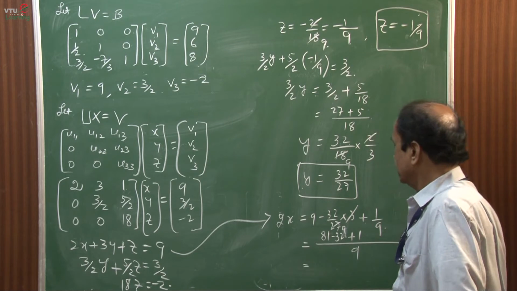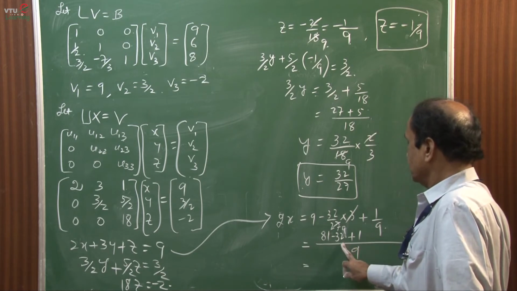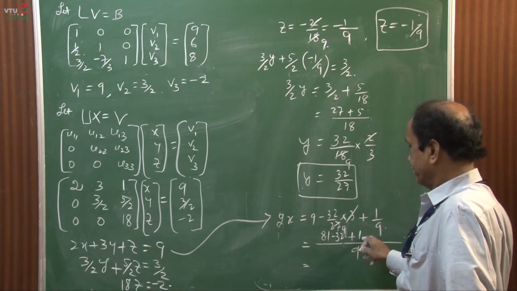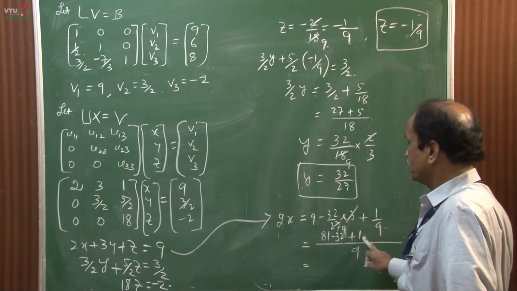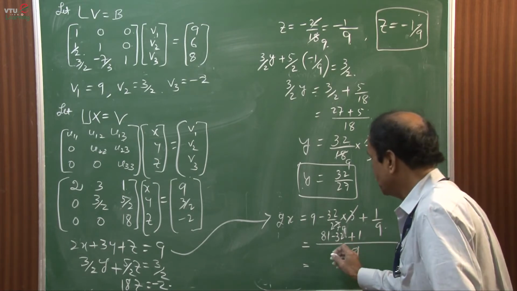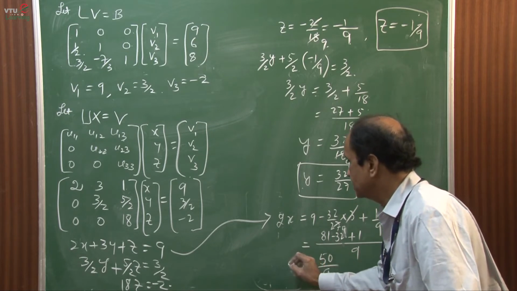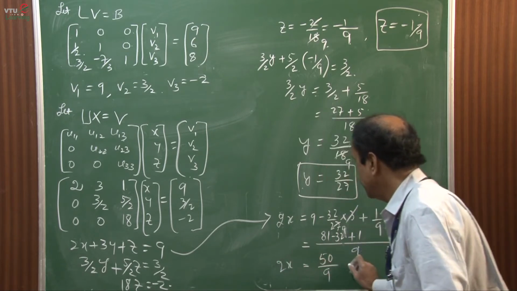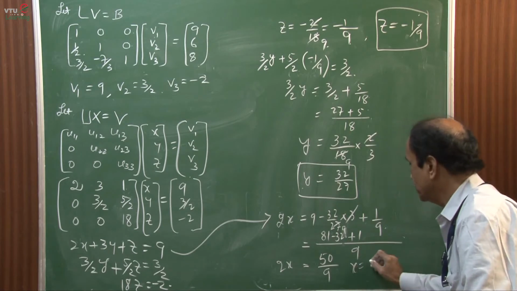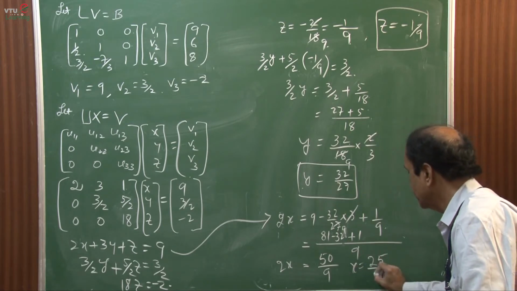Okay. Then 82 minus 31, that means 31 is there, minus 32 plus 1 means minus 30, and this becomes 50.